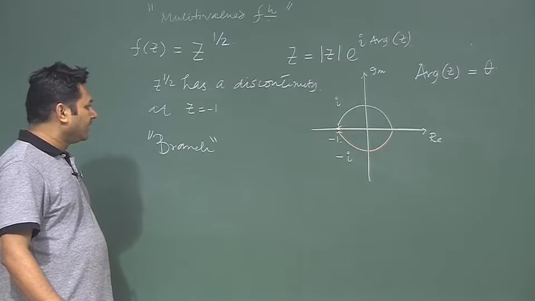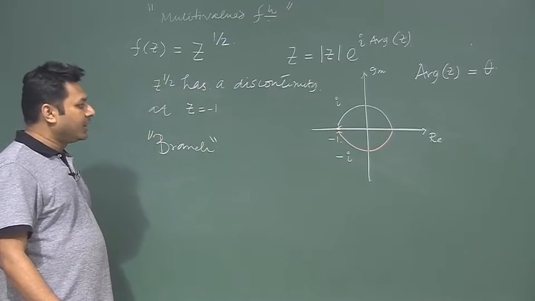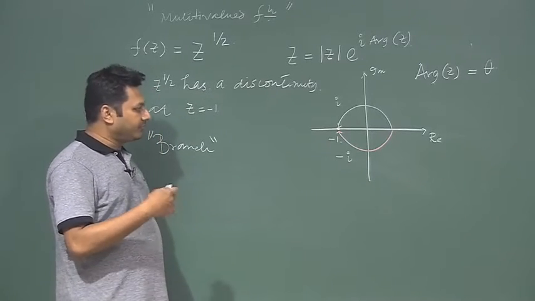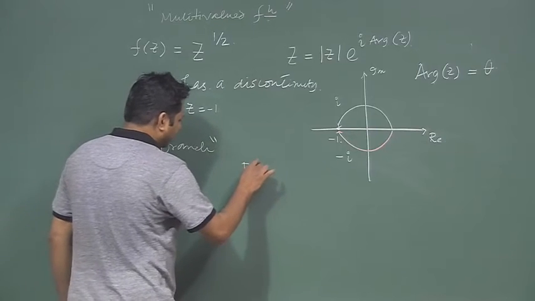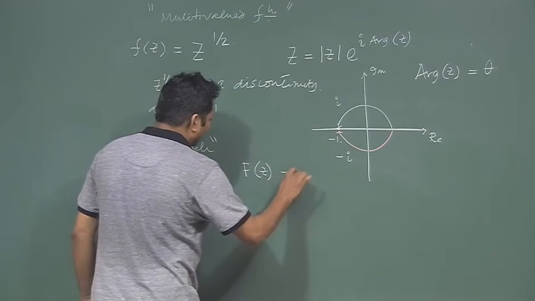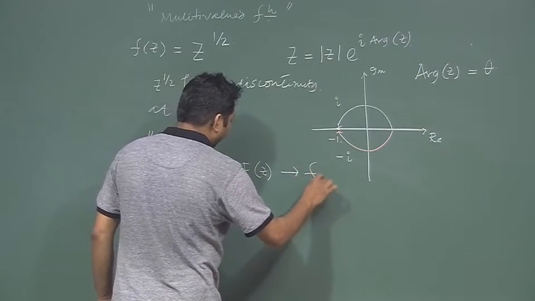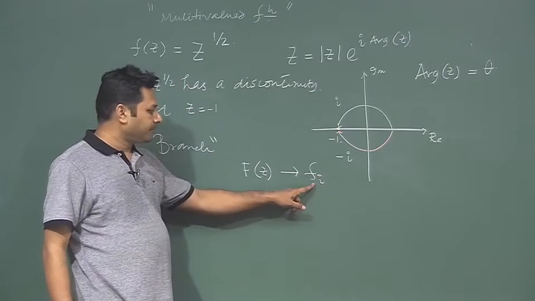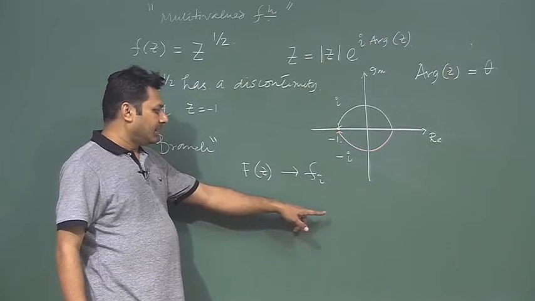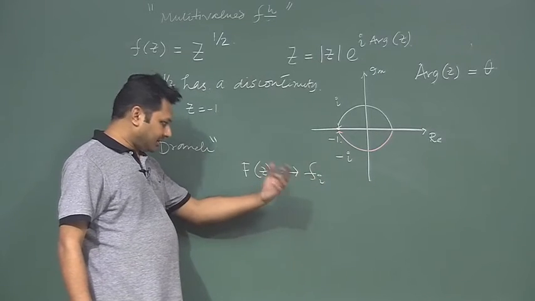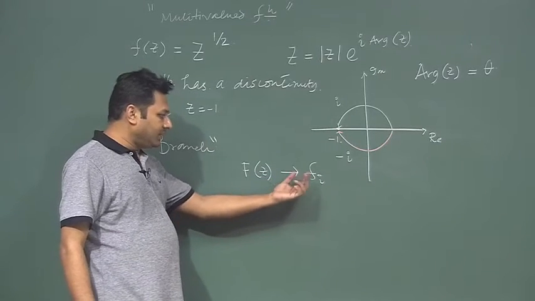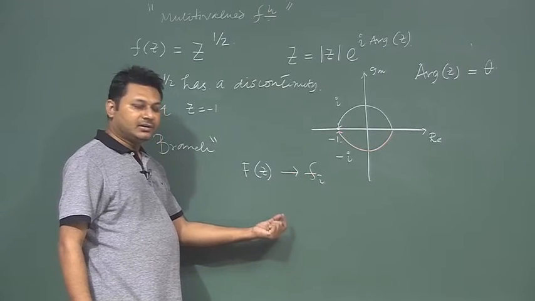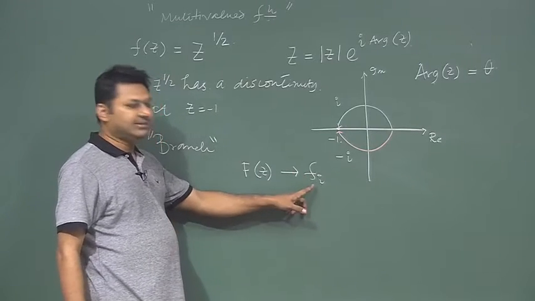Branch is nothing but a multivalued function having different sets of values. For example, f(z) is a multivalued function and for which you have a set of values f_i, and this f_i is continuous up to some limit, and then after another limit it is again continuous, and after another limit it is again continuous, but having the same value.